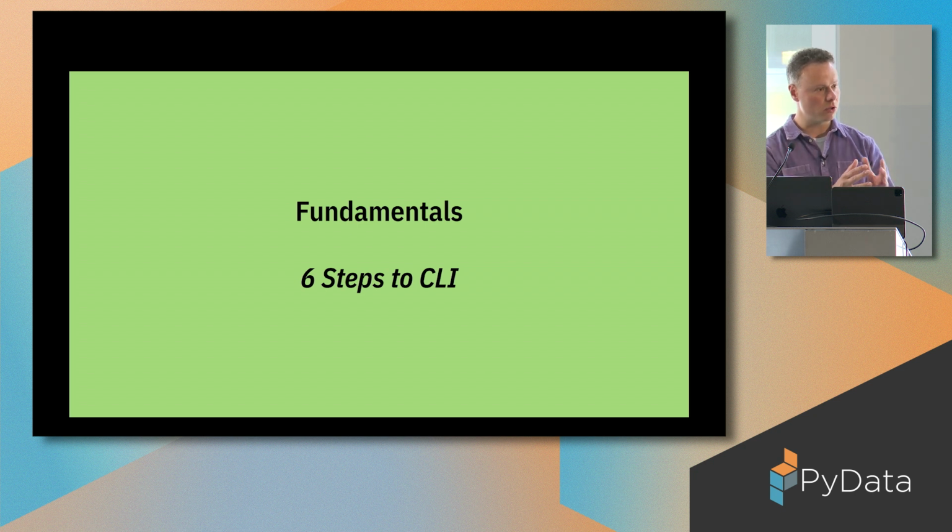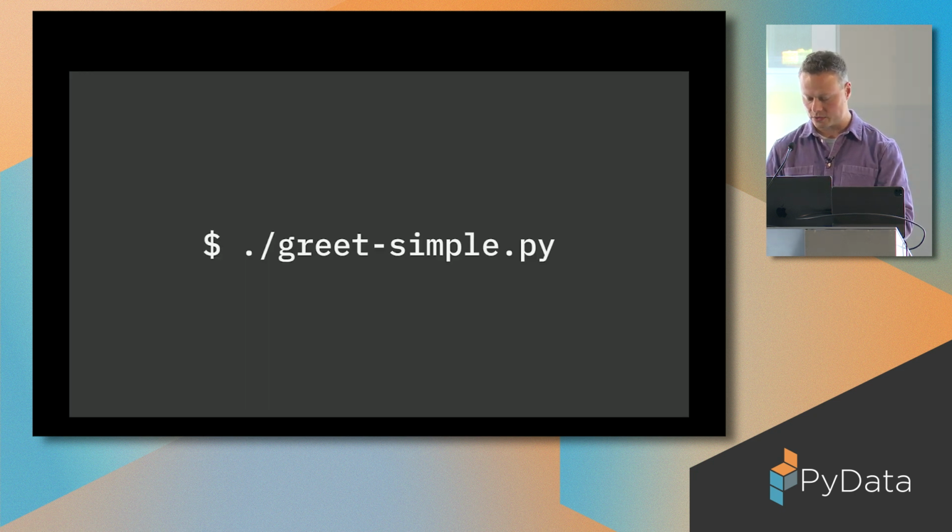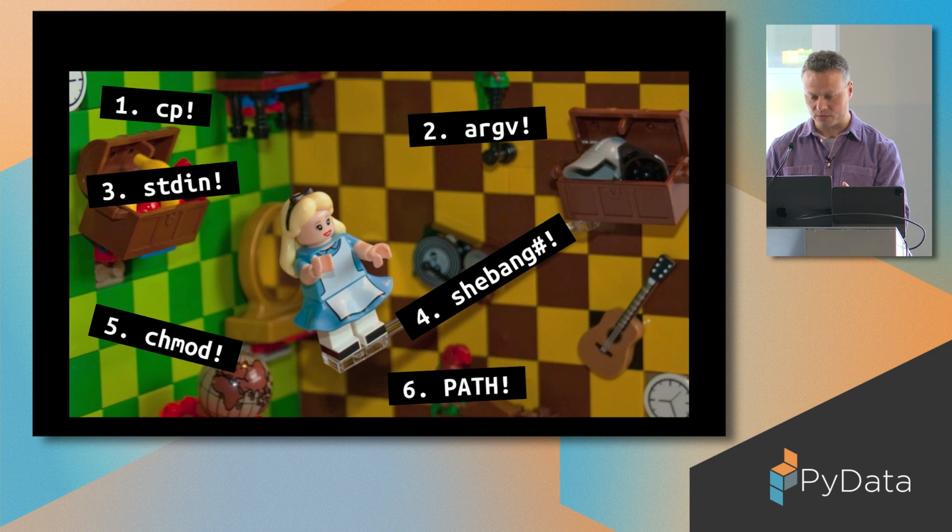So we're going to look at some concrete steps now in how to turn that very simple Python script, greetsimple.py, into a command line tool. So we're going to use very, very basic steps for this, yeah? So we're going to copy the existing code.